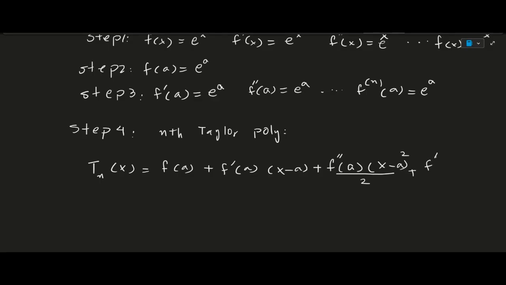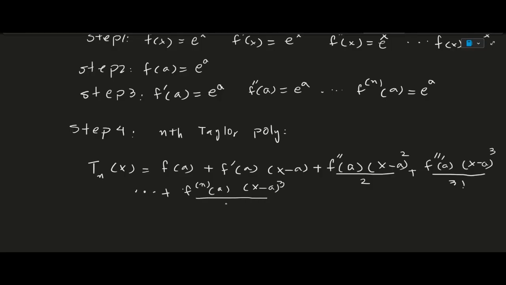Then the third derivative at a, x minus a to the power 3 over 3 factorial, and so on. Let's put 3 dots, meaning that for all values you can do this.